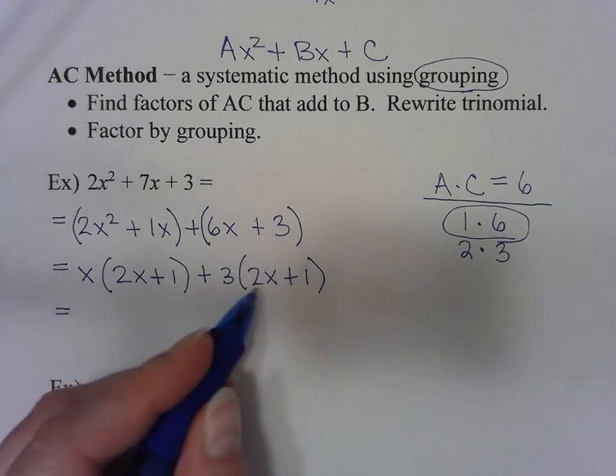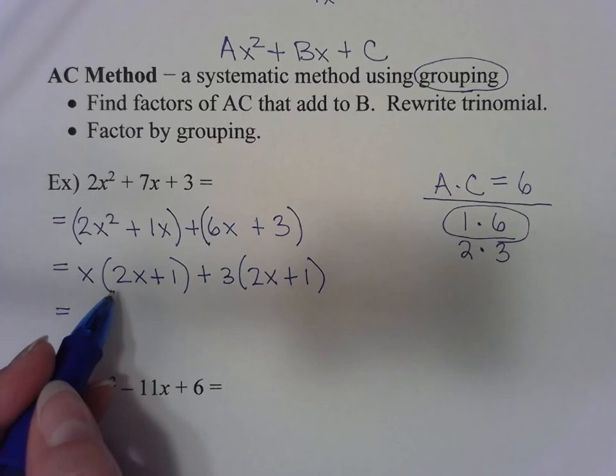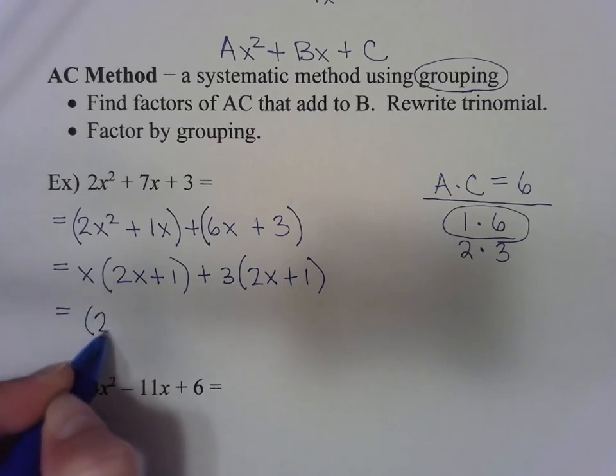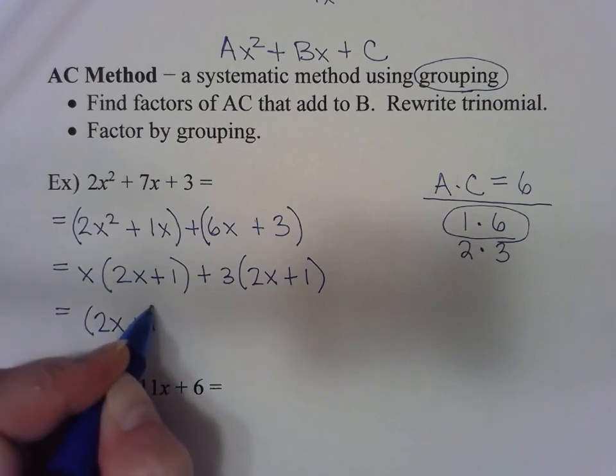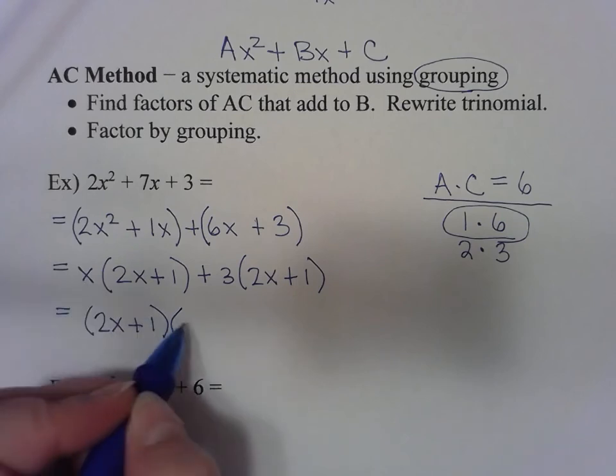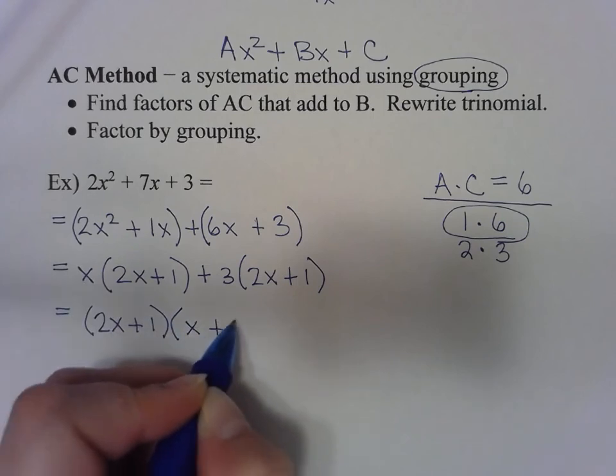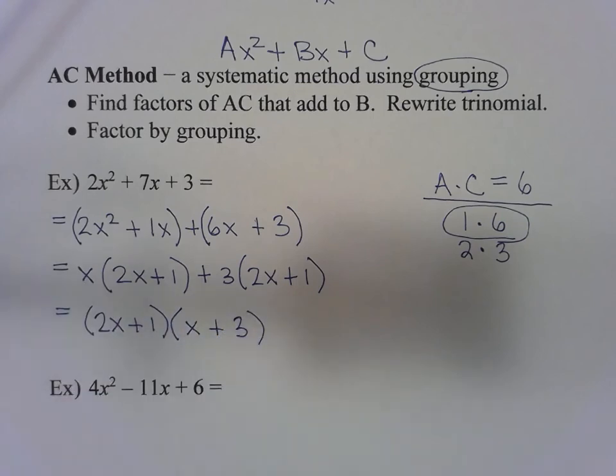Now these two giant terms share a 2x plus 1. We have an x left from the first part and a 3 left from the second part. Notice this is the same answer we got when we did it by trial and error.